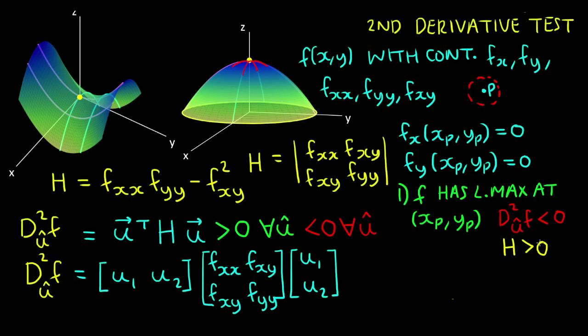So that's what a positive Hessian tells us. So the positive definite property means that the Hessian matrix has all positive eigenvalues, and a negative definite property means the Hessian matrix has all negative eigenvalues.